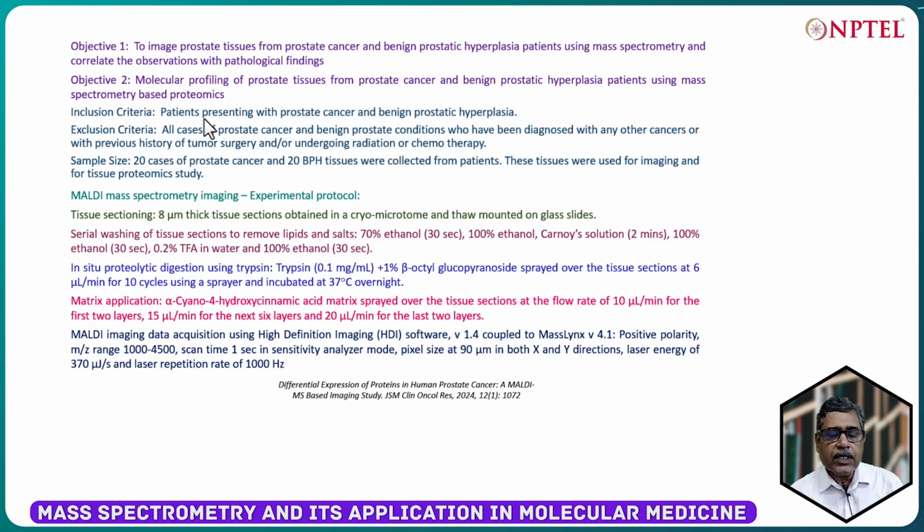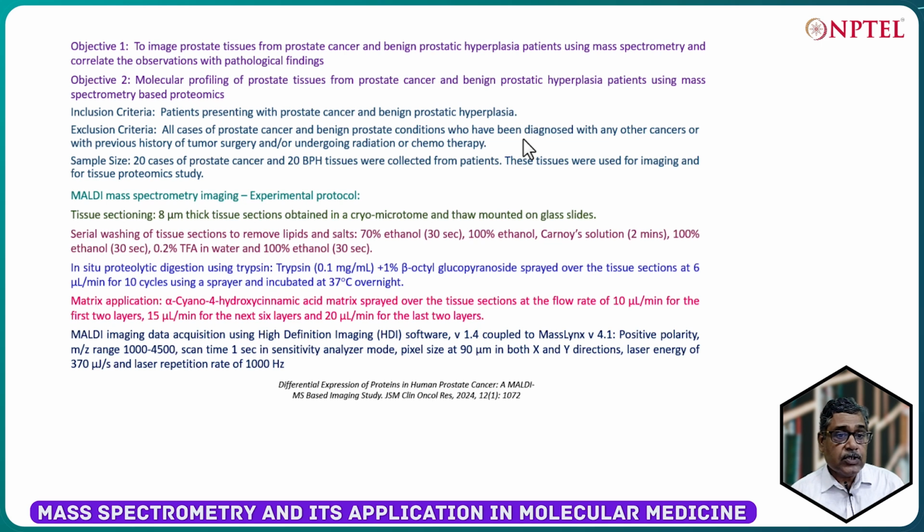The inclusion criteria is patients presenting with prostate cancer and benign prostatic hyperplasia, BPH. The exclusion criteria is all cases of prostate cancer and benign prostate condition who have been diagnosed with any other cancer, or with a previous history of tumor surgery, or undergoing radiation or chemotherapy.